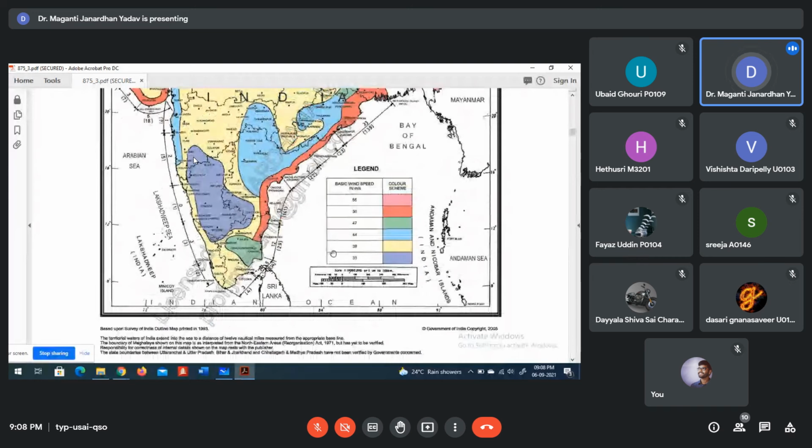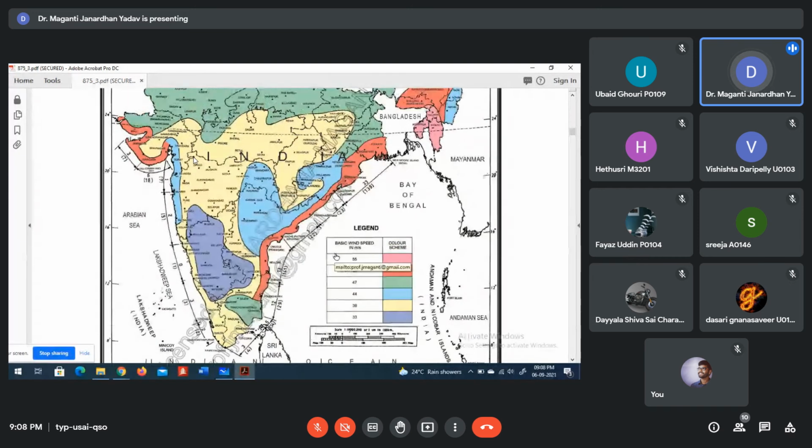See, look at this. This is the basic wind speed. In the previous class, I hope I explained these things.